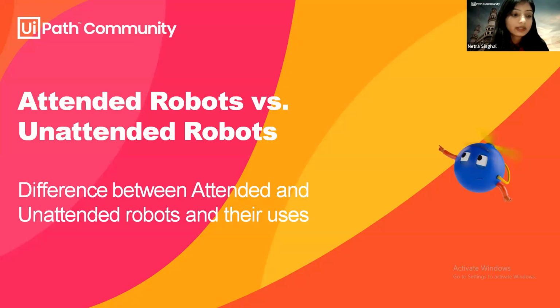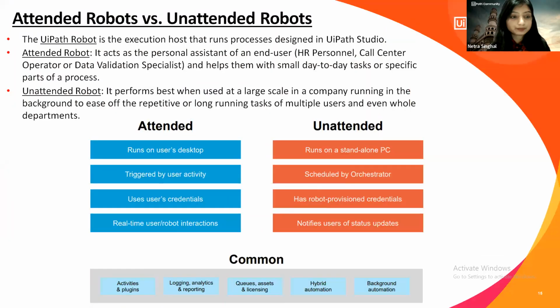Moving on to the next topic, which is attended robot versus unattended robot. So we have seen what a robot is. Now, what is the difference between attended and unattended robots? A robot is an execution host that runs processes designed in UiPath Studio.